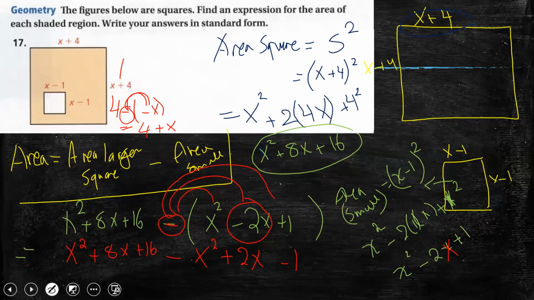Here we have a negative sign, and I have to distribute it on each term. So negative times x squared is negative x squared. Negative times negative 2x is positive 2x. And negative times positive 1 is negative 1. Is it clear now?